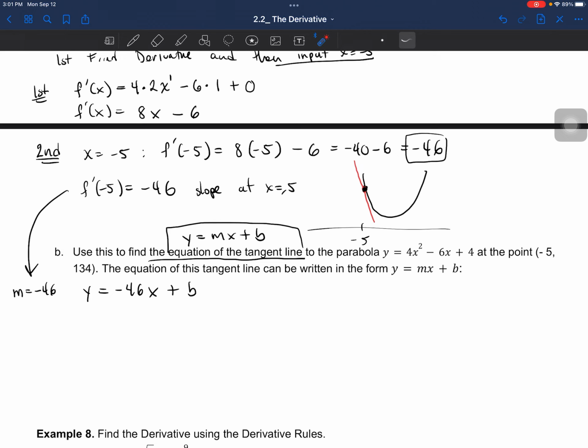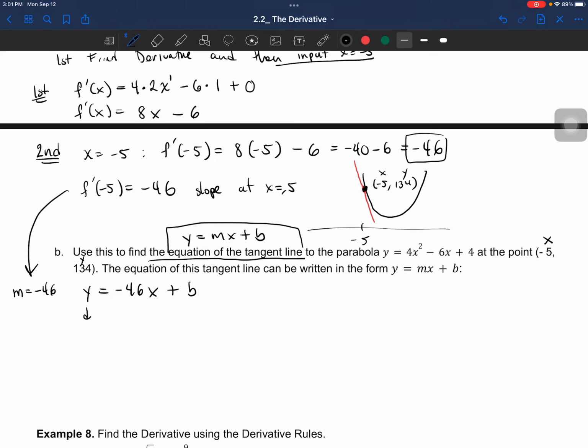We can always make this equation true if we know a corresponding x value and a corresponding y value, meaning that these two correspond to each other. And we actually do. We have an x value, an ordered point, and that's the point here: negative 5, 134.